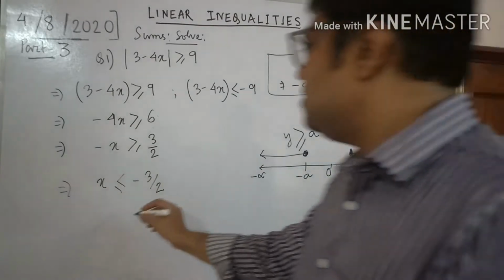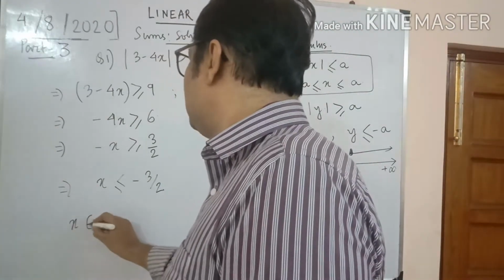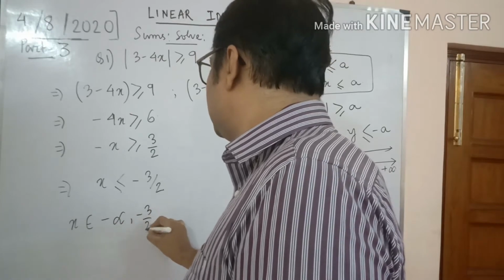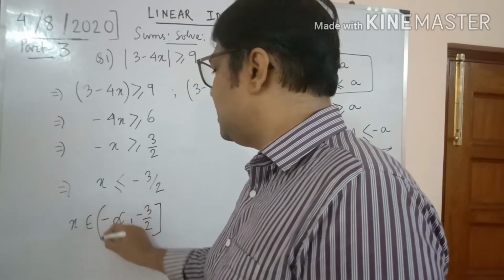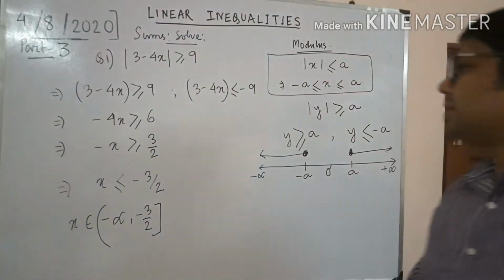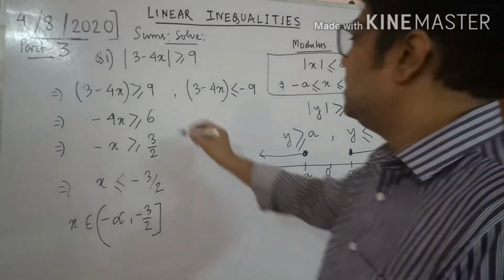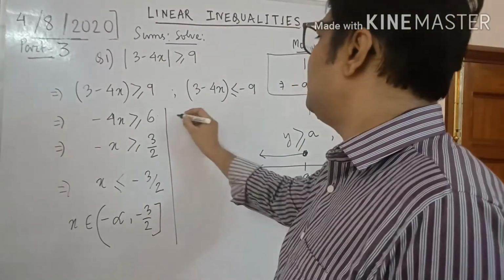That means x belongs to minus infinity to minus 3 by 2, which is included. Now the second part of the sum, we will do also.